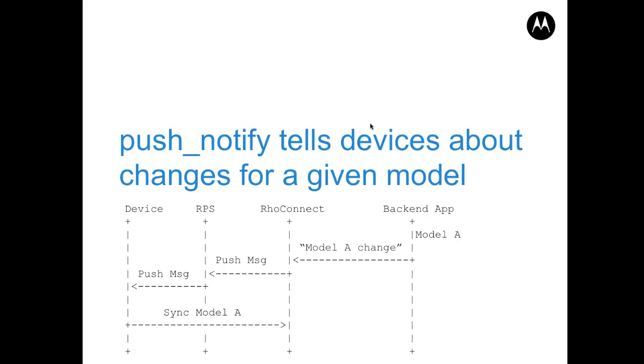But in this scenario, I'm going to talk about RhoConnect Push so that you can see how it interacts with our new push service. And again, what will happen here is it will send this push message all the way to the device, and you can see in the last row here, this will trigger the device to synchronize the Model A. So the push message is very specific. It doesn't say, come synchronize everything. It'll say, something happened in Model A, so come fetch the changes for Model A.